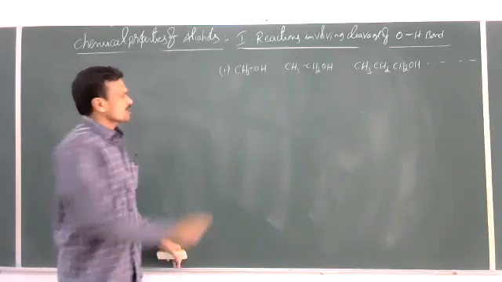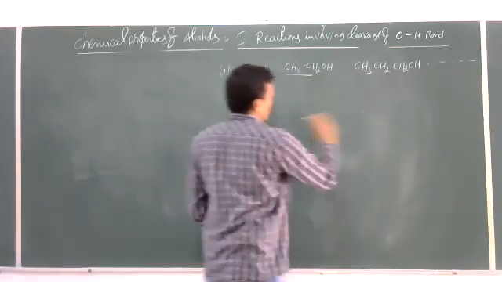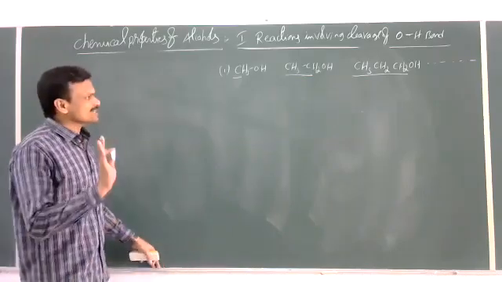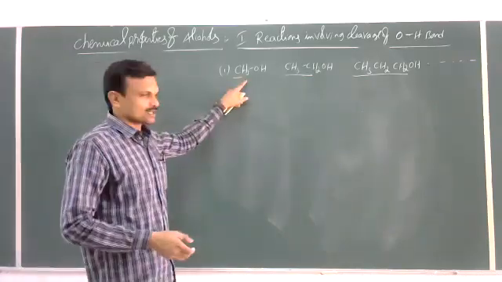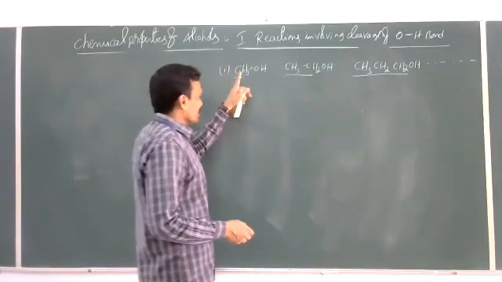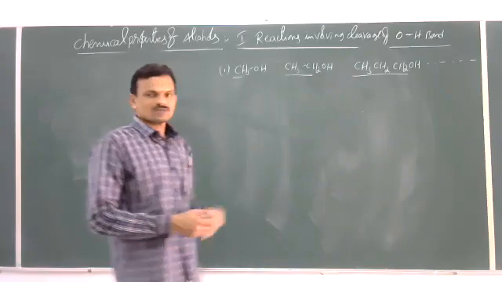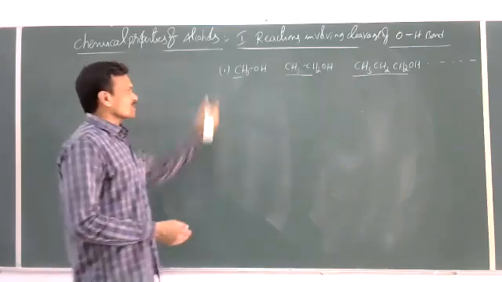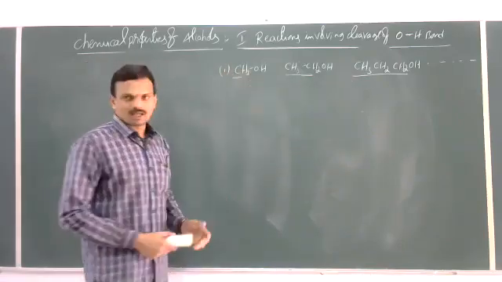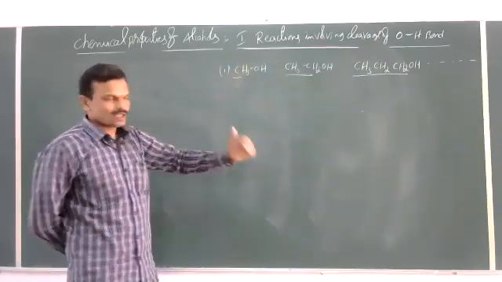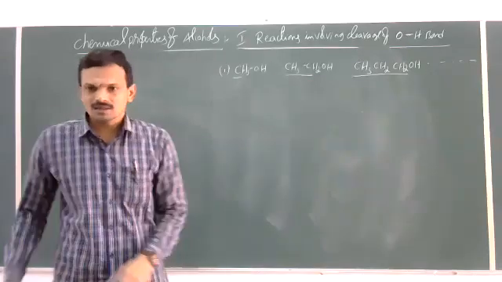Here one carbon is there, two carbons are there, three carbons are there. As you know, as the number of carbon atoms increases, the electron donating effect of the alkyl group increases. That is, the plus I effect increases. As the electron releasing effect of the alkyl group increases, the bond polarity of the OH bond decreases. As a result, acidic strength also decreases.